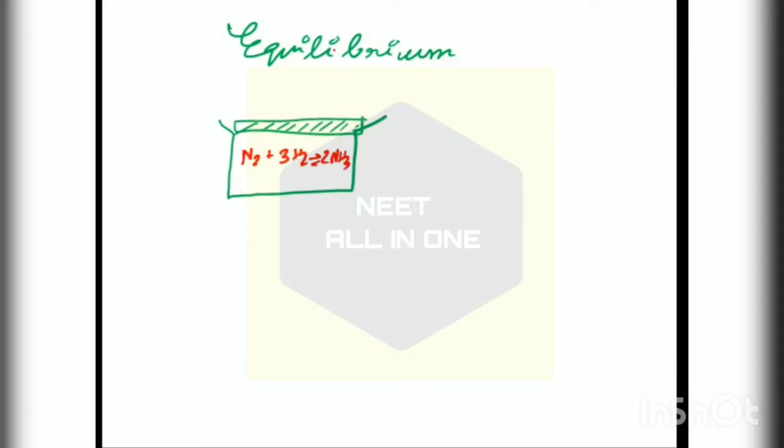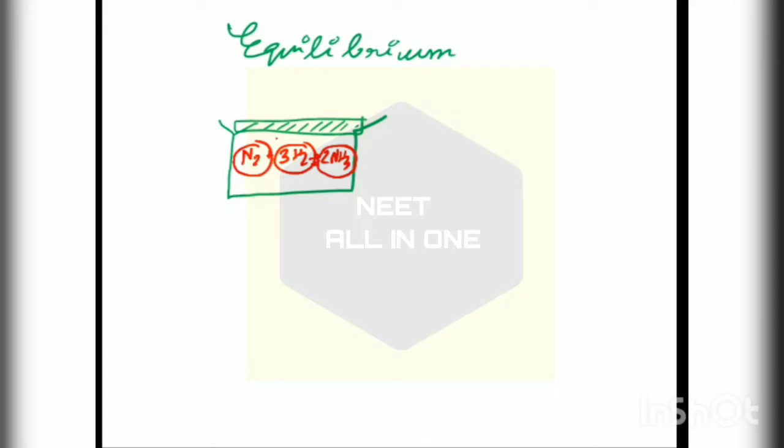Now, according to the definition of equilibrium, this N2 plus 3H2's total concentration is equal to this ammonia's total concentration at any temperature or whatever the conditions will be, concentration will be same.